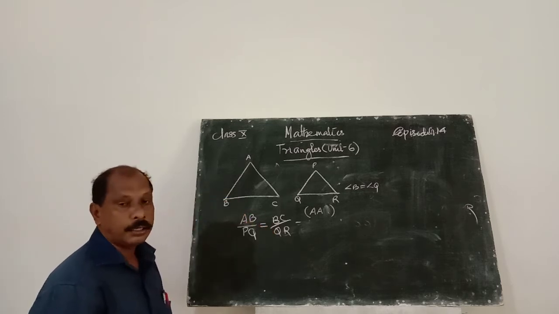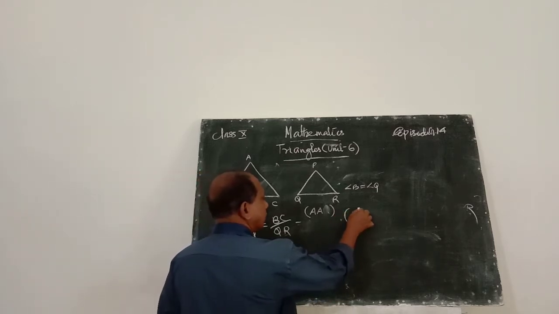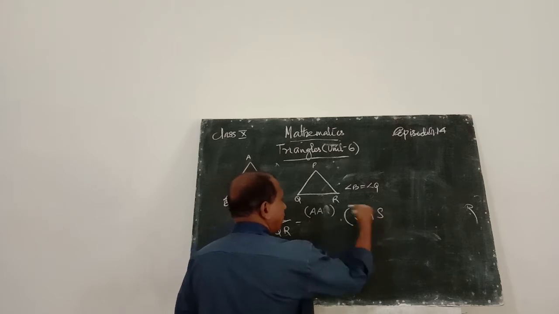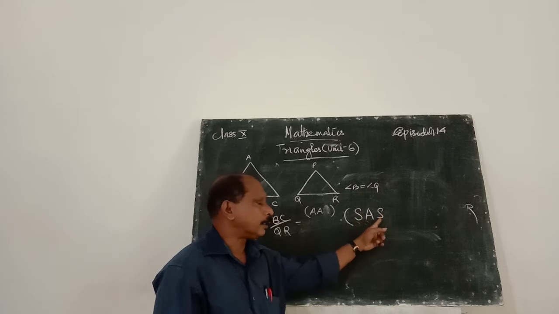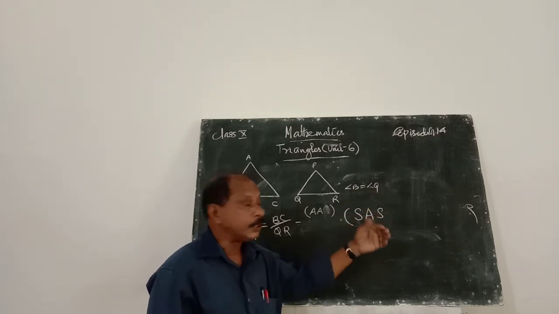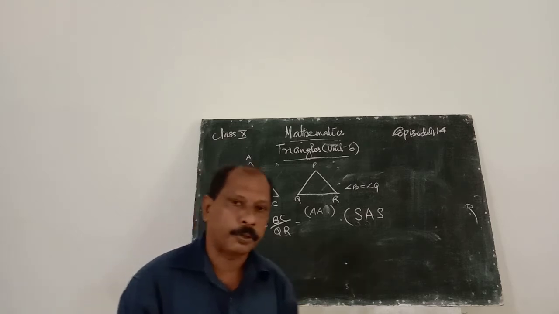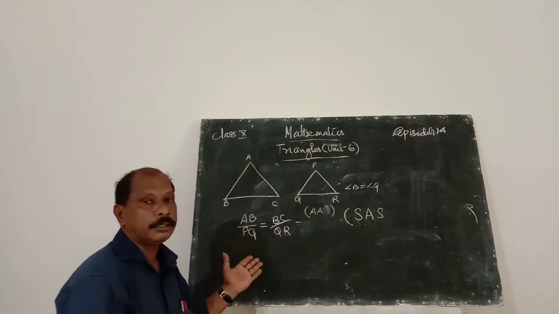Therefore, these two triangles are similar. That property of similarity is SAS, which implies S is one side, S another side, and between these two, the angle is A. That is the side, angle, side criteria or theorem of similar triangles.